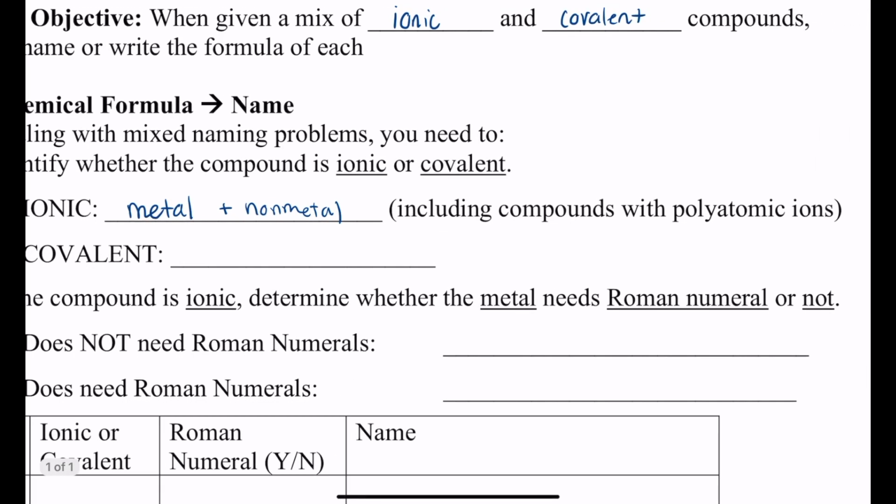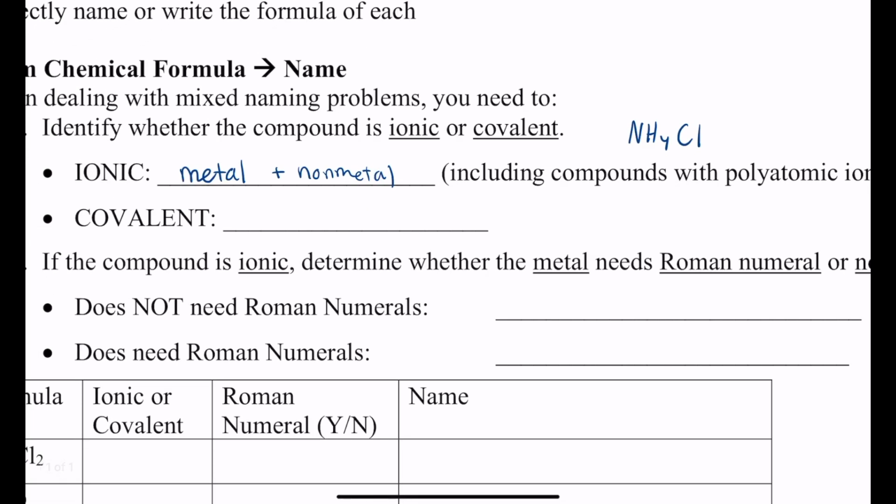This includes compounds with polyatomic ions, and sometimes you will not see a metal with your compound here. If you have something like ammonium in the front, for example, NH4Cl, this is ionic because ammonium is a polyatomic ion that would take the place of where a metal normally would be.